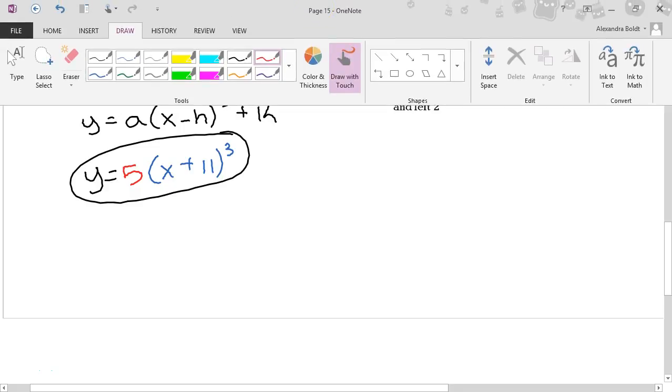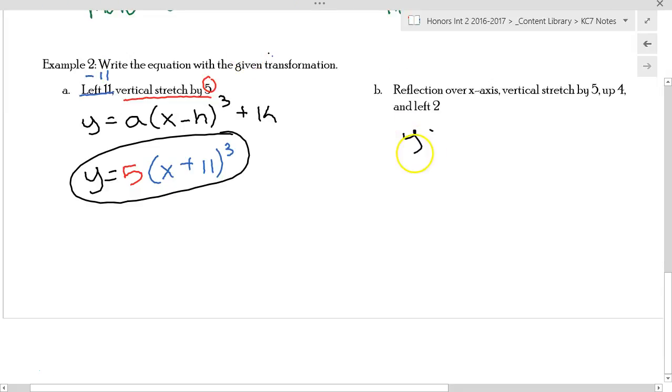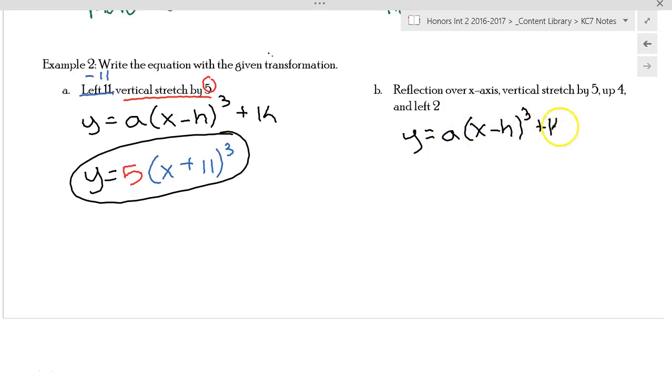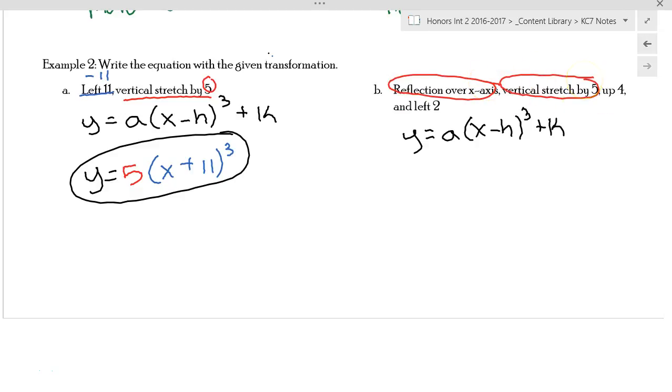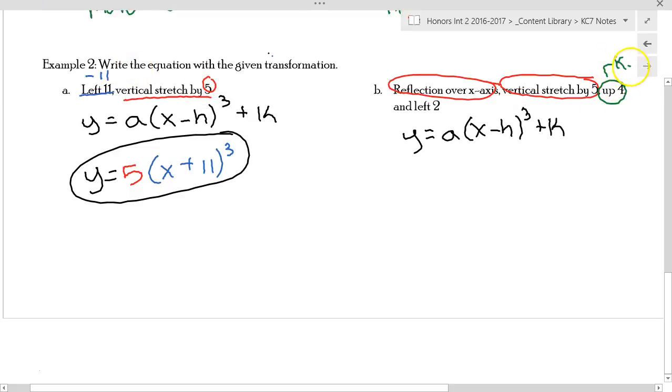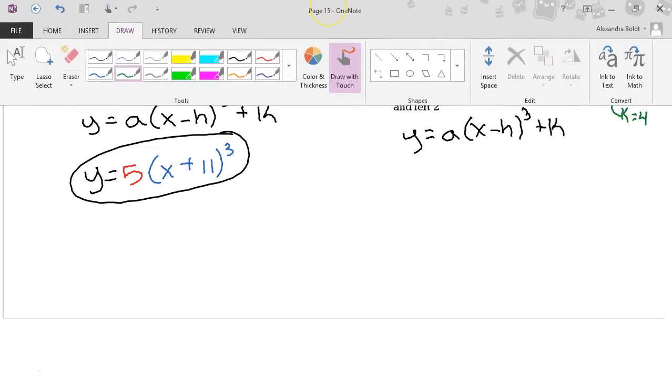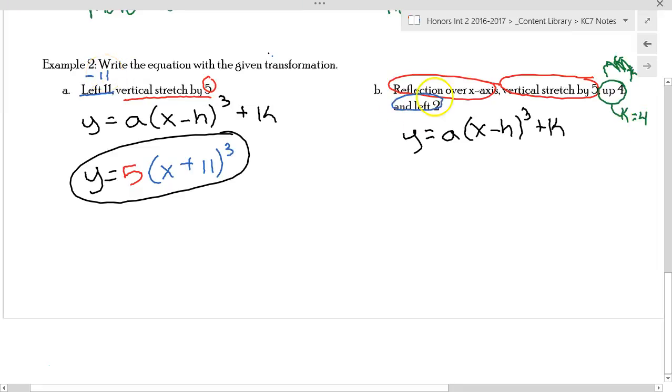Looking at b, again, y equals a times (x minus h) cubed plus k. Reflection over x-axis, that makes my a negative. A vertical stretch by 5, that changes my a. Up 4, that means k equals positive 4. And then left 2, that means h equals negative 2.